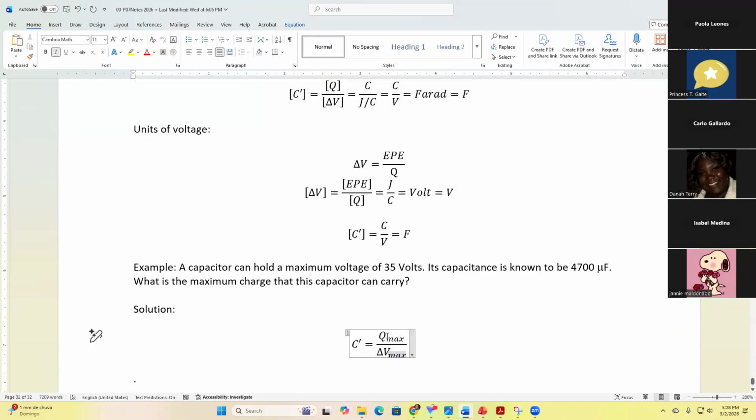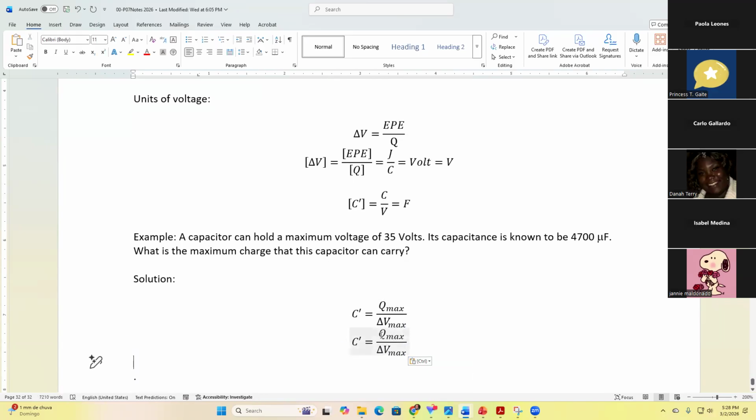We want to know the maximum charge. We know that the maximum voltage is 35 volts. We also know the capacitance. So it's a very simple, straightforward problem: the charge is equal to C prime times delta V max.